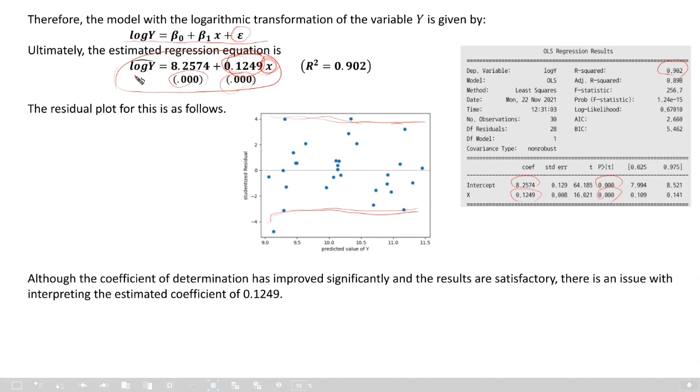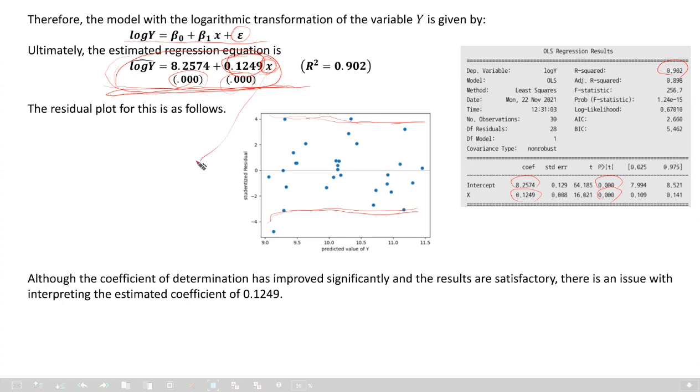But we cannot easily figure out the log y. But anyway, this is a more accurate result for the relationship between x and y. So for prediction, you use this one.